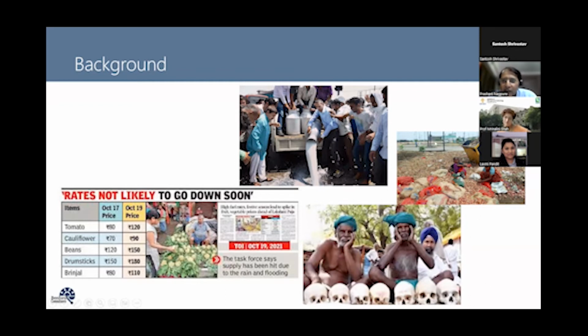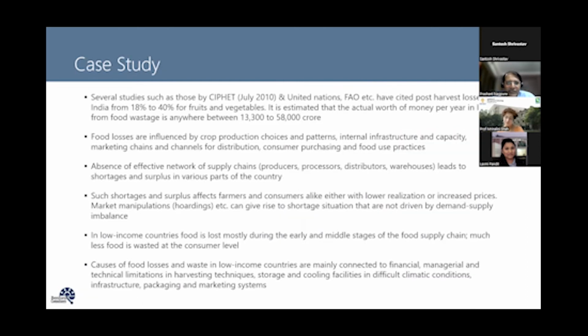On one hand, we have overproduction of these commodities. On the right-hand side, in the top two pictures, you see an excess of production. On the other side, you see increasing prices because of wastages and shortages. The case study essentially talked about research we did, and research publications that came out with figures that about 18 to 40% of fruits and vegetables get wasted, and the money estimated was somewhere around 13,000 to about 60,000 crores.